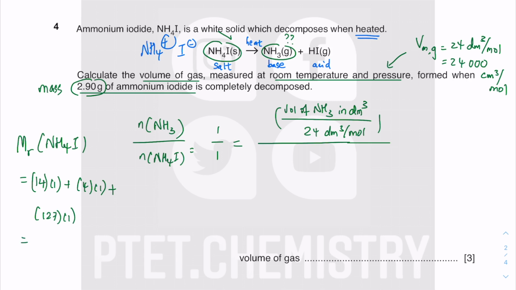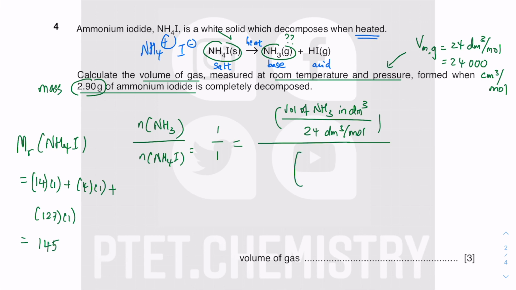So the relative atomic mass of iodine is 127, group 7 all the way down there, element 53, 127 is one of it, 4 hydrogens and 1 nitrogen. So I get that to be 145.